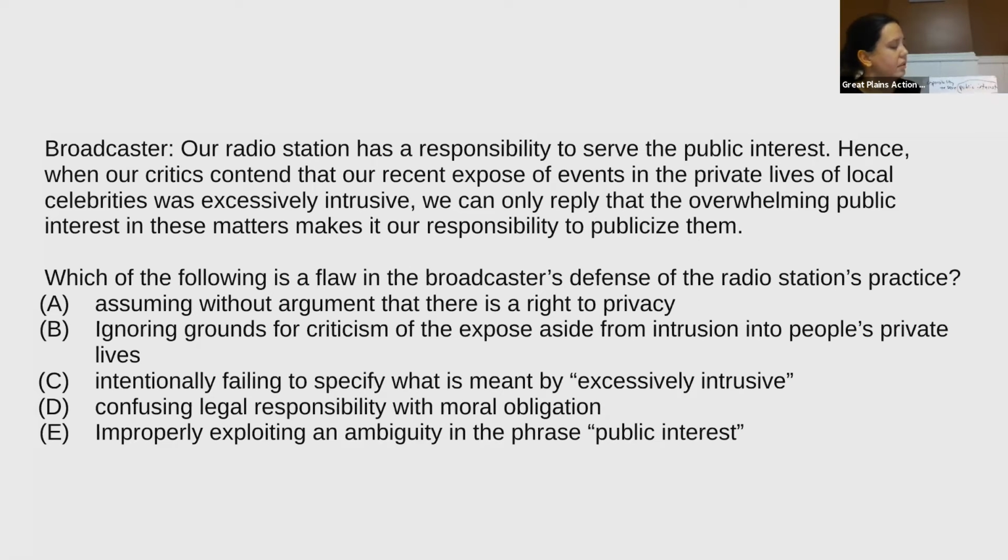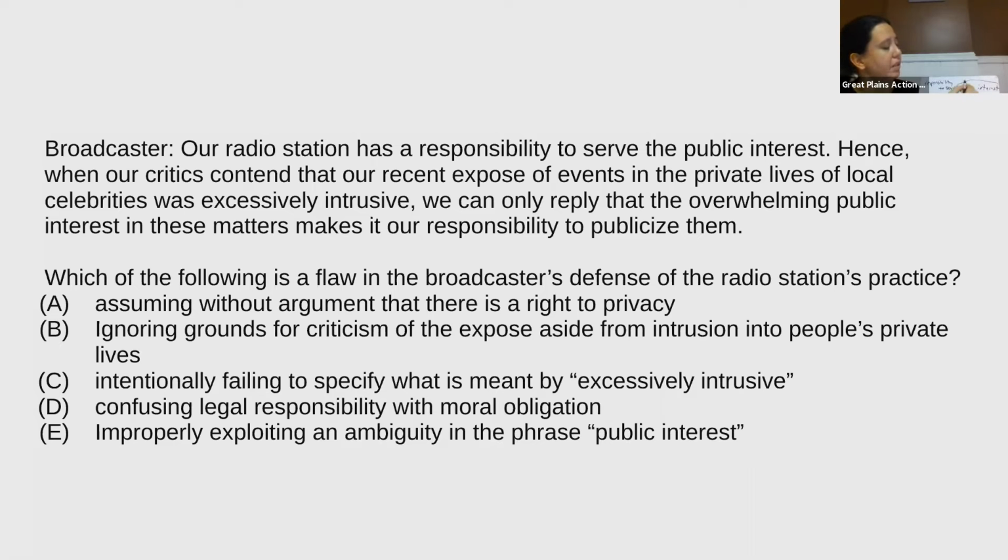Up here, when we're talking about a responsibility to serve the public interest, what we're talking about is those things that are in the best interest of the public. When we say here that our action was justified because of public interest, what we're saying is that the public is interested in what's going on.